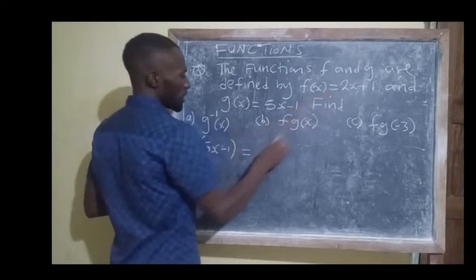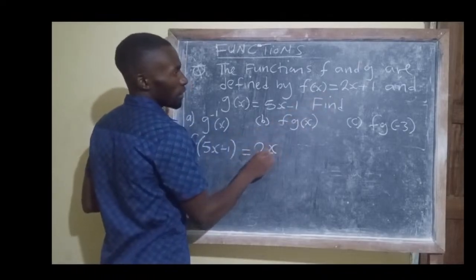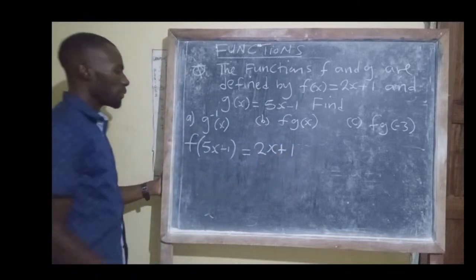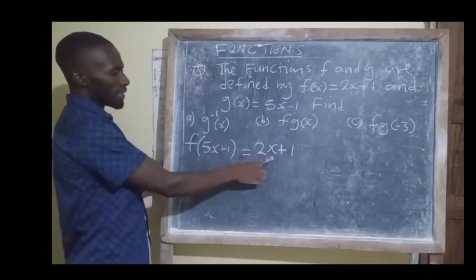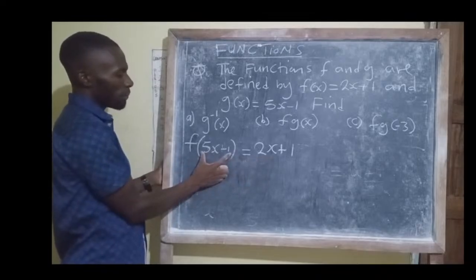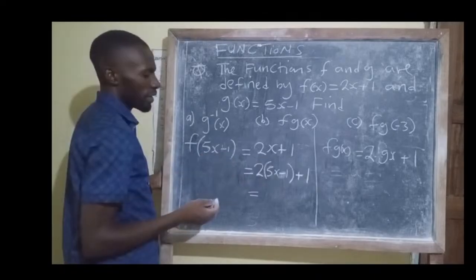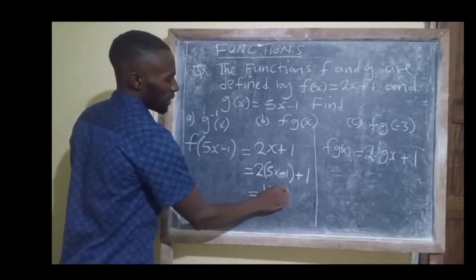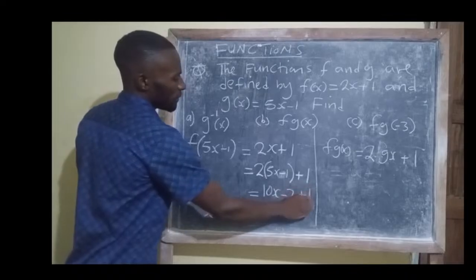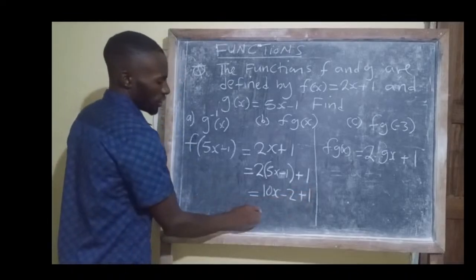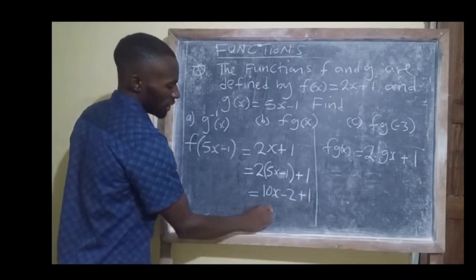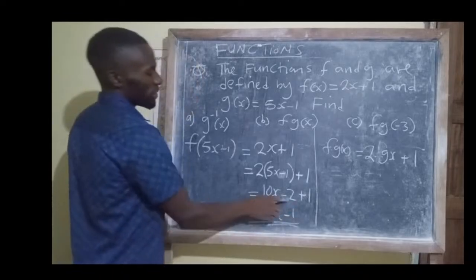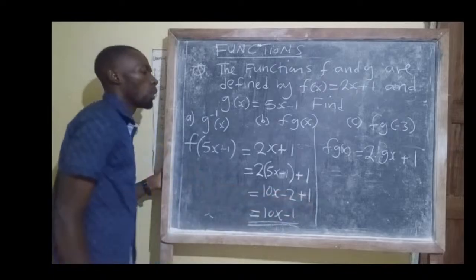It is 2x plus 1. In this case now, where there is x in this function, we are going to replace it with the bracket. So we're going to have 2 times (5x minus 1) plus 1, which is 10x minus 2 plus 1, of which the final answer is 10x minus 1, when you add negative 2 plus 1.